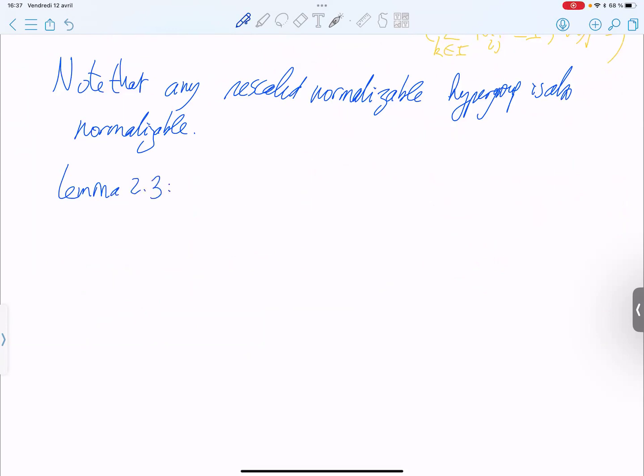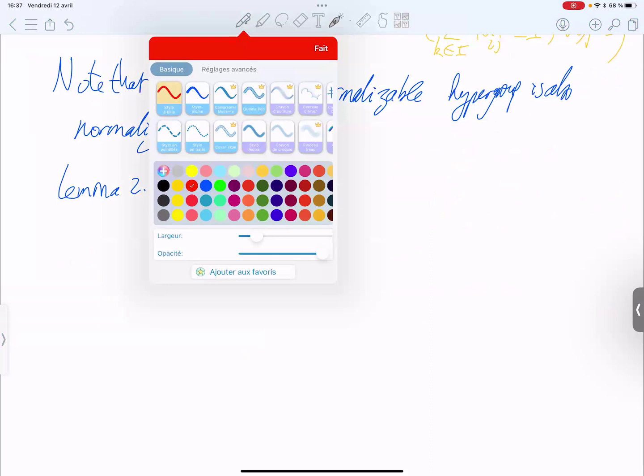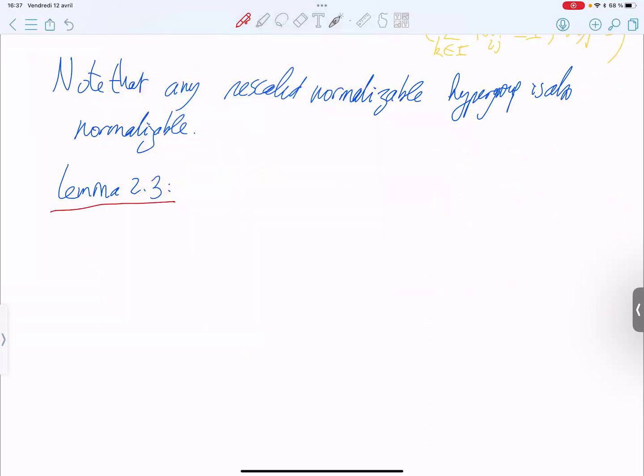Okay, so the lemma characterizing the normalizable hypergroup is the following, and you will see it's quite interesting because it's related to characters. In fact, a hypergroup is normalizable if it admits a character which is non-zero everywhere on the basis.